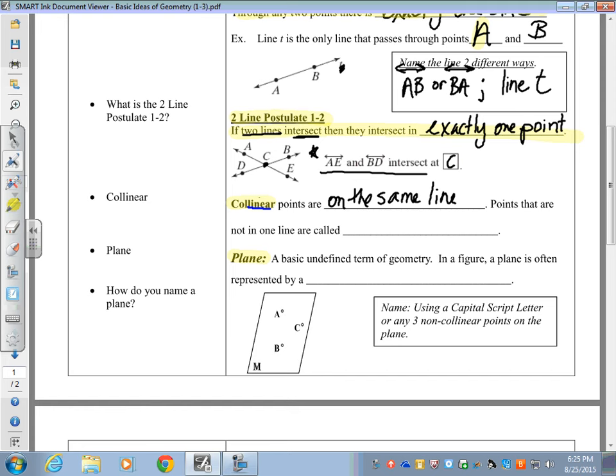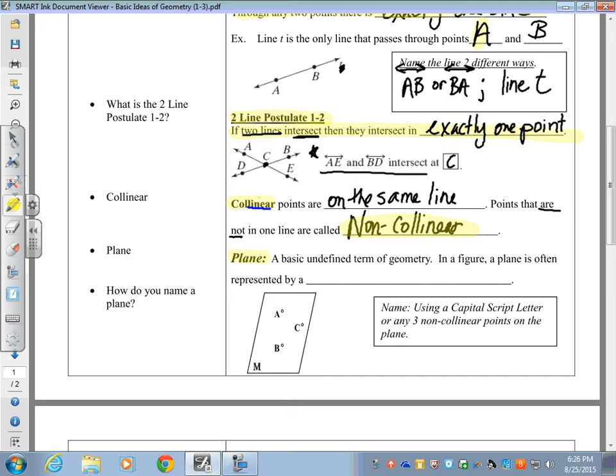So if collinear points are points that are on the same line, then points that are not on the same line, we just call those non-collinear. Okay? So you need to know collinear, and you also need to know what non-collinear points are. You're going to have to be able to identify if they're collinear or non-collinear.